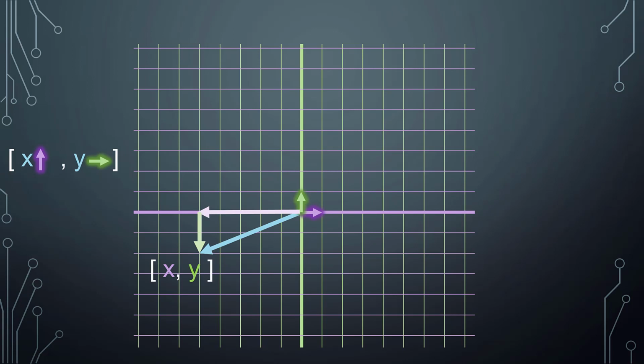Let's just take this example, this blue vector right here. It has x and y coordinates, and again we're treating them as just scaling factors of the orthonormal basis.